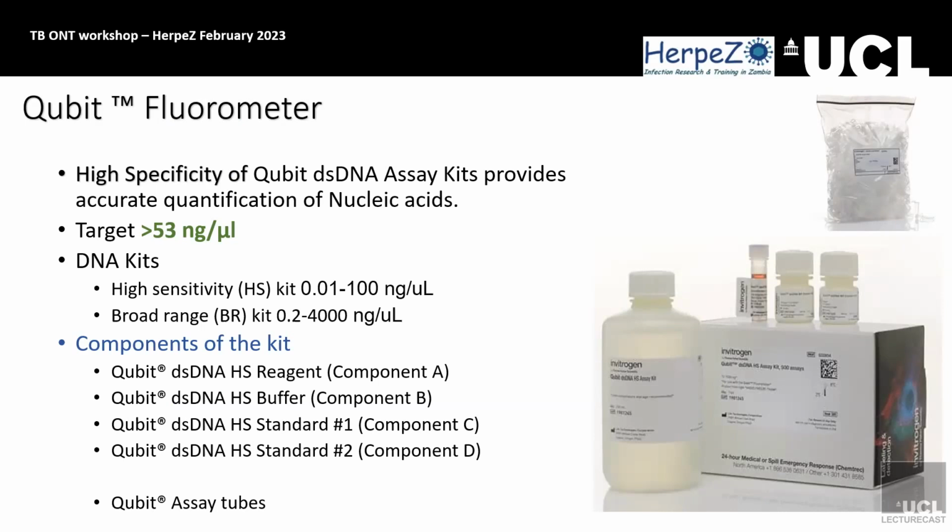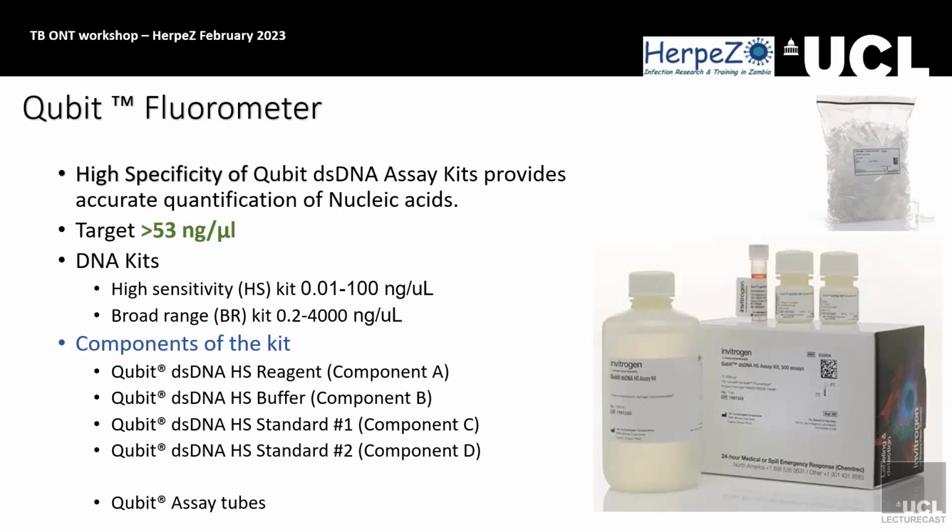Basically you dilute the stock solution. You add between 1 and 10 microliters of your sample to between 190 and 199 microliters of your working solution. And then you measure the concentration that you get from there.